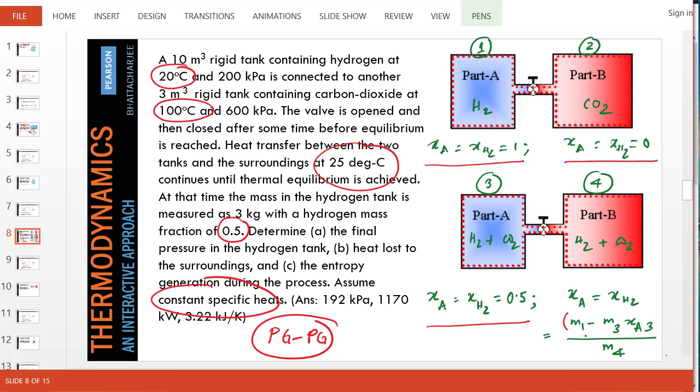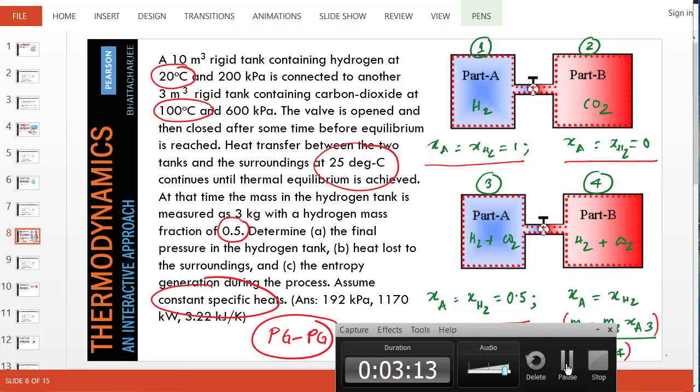So this is the total mass of hydrogen that left tank A. Therefore, this must have entered tank B, which originally had 0 hydrogen, and dividing by the mass at state 4 will give us the mass fraction. So this is, I guess, the main equation needed to solve the problem correctly.